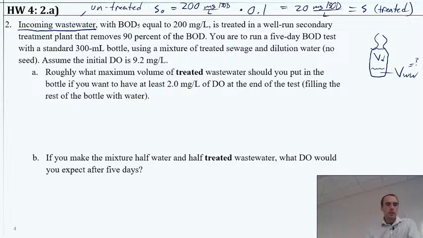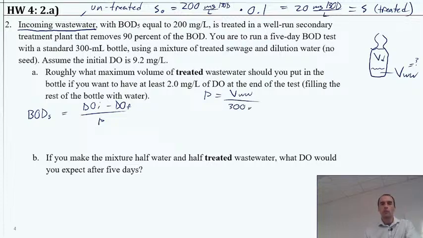So we can write up a simple generic equation for BOD. BOD5 should be equal to the dissolved oxygen initial minus the dissolved oxygen final divided by P. Now, P is the volume of wastewater per total, right? So we could just write that as volume of wastewater per 300 milliliters. So by putting that in here, we can solve for this V wastewater.